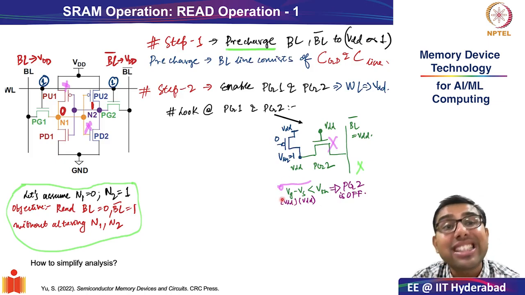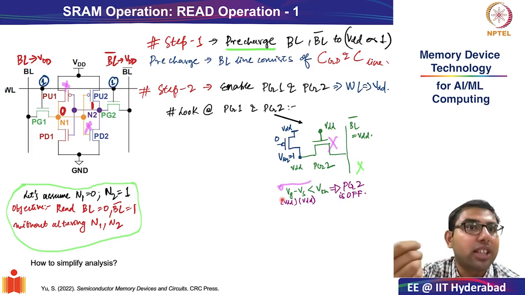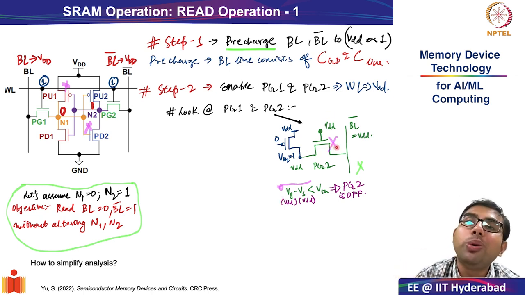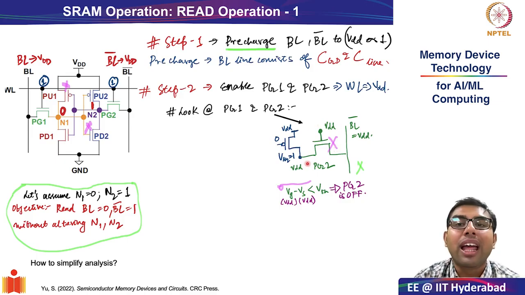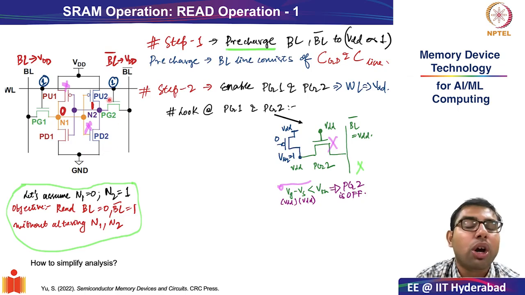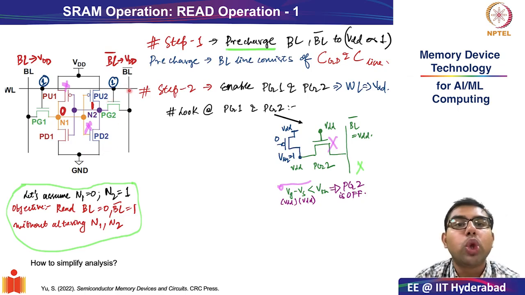And since this is less than VTH, which will be a finite positive quantity for an NMOS transistor, we can conclude that PG2 is off. And since PG2 is also off, we can conclude that even the right hand side branch, which is connected to the bit line bar, will not facilitate the initial stage of a read operation.